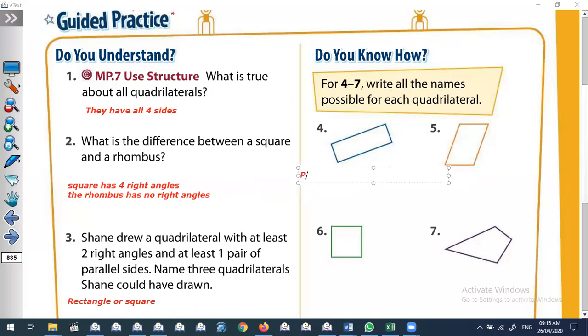So the first name, quadrilateral, second name, parallelogram, third name, rectangle, because the shape is a rectangle, and rectangle also can be parallelogram and can be quadrilateral.